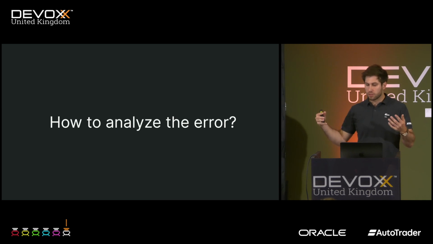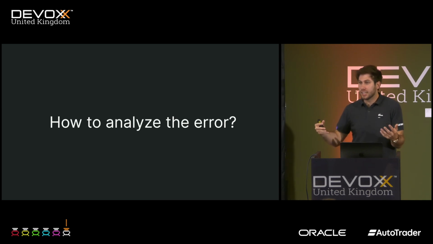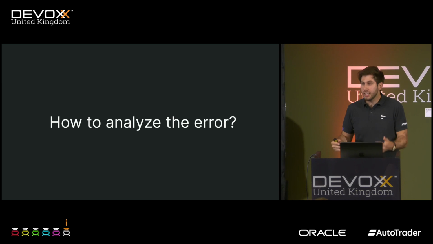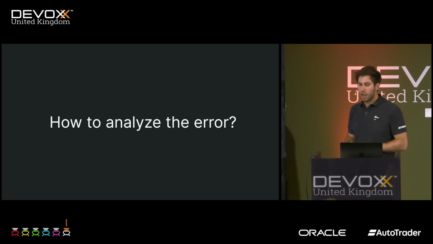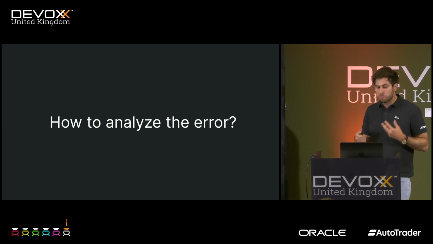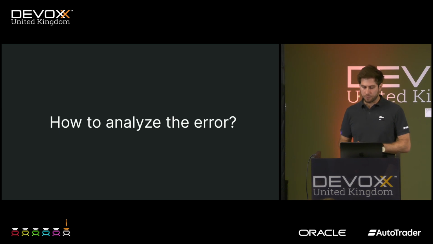Because when there are multiple threads, they can interleave in many different ways, and we don't know how exactly they interleaved. So it's still hard to analyze, to debug the detected error.